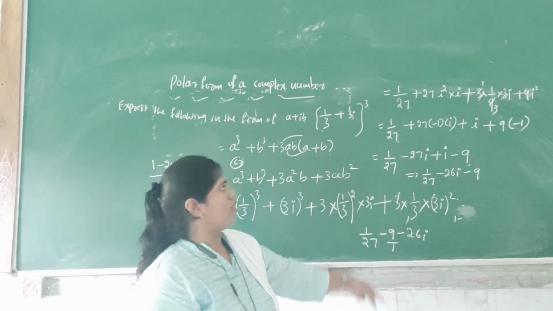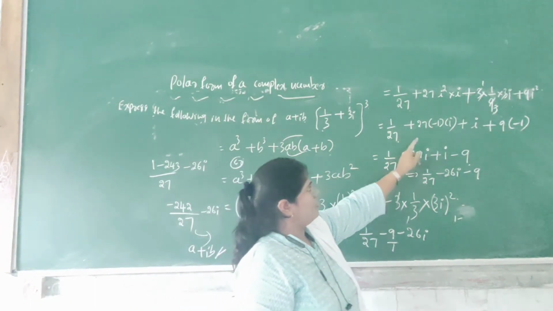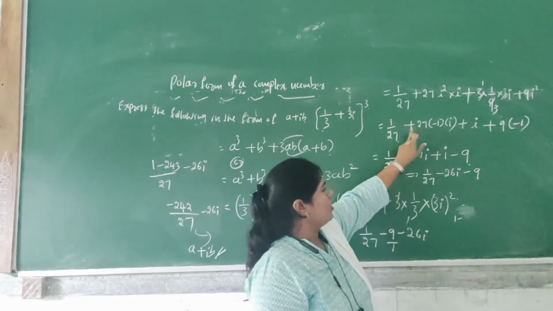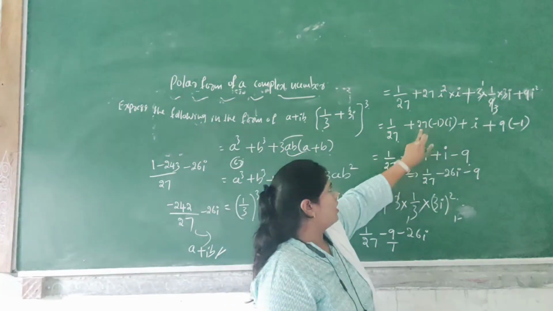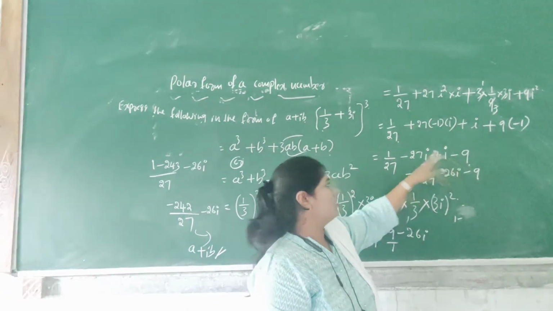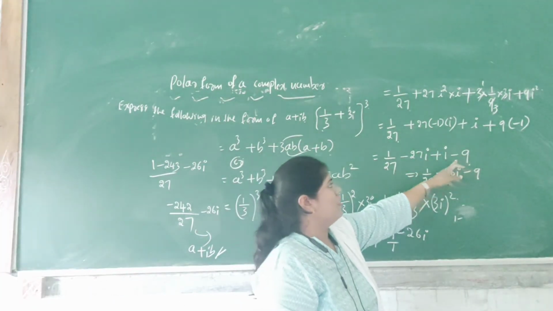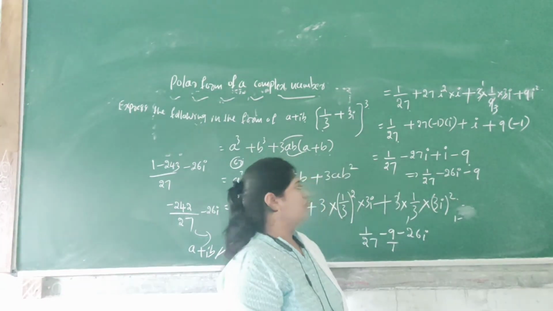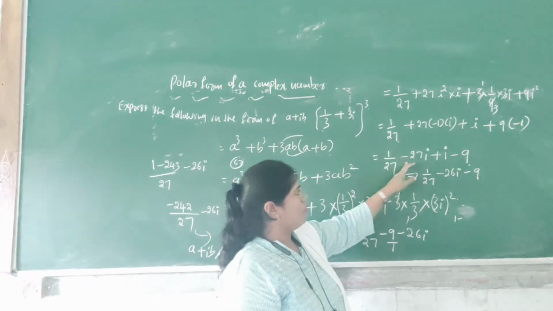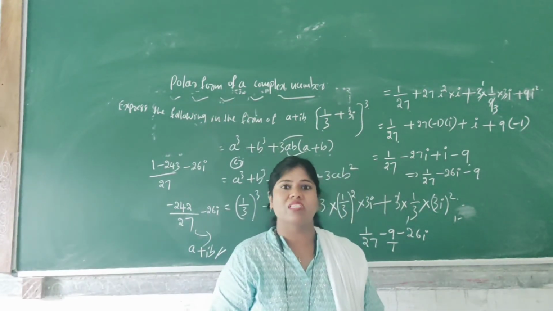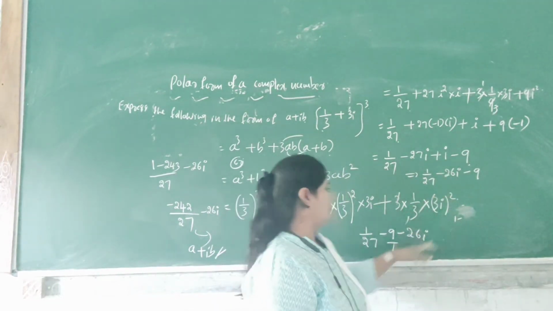So I have written this value here: 1/27 plus 27 into minus 1 into i is minus 27i, plus i, plus 9 into minus 1 is minus 9. So 1/27 minus 27i plus i, which equals minus 26i minus 9.